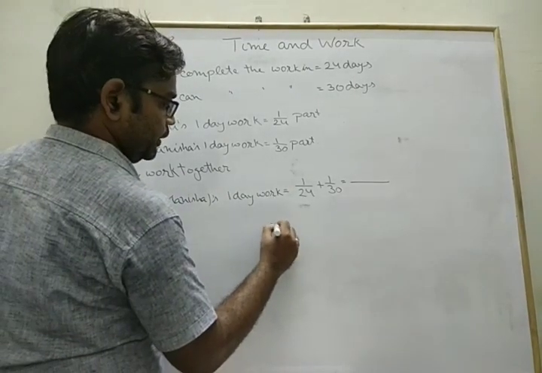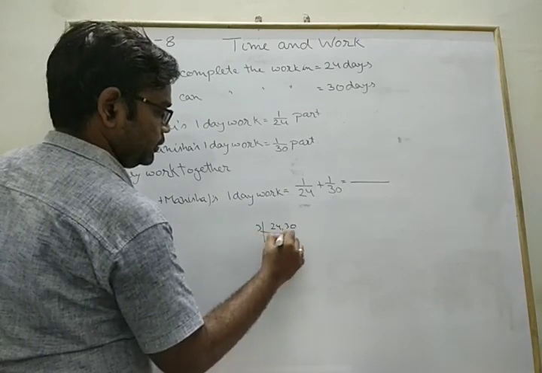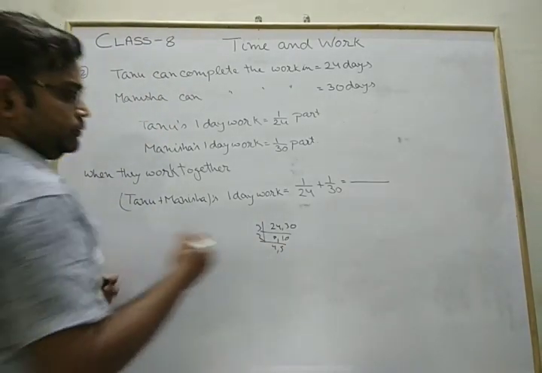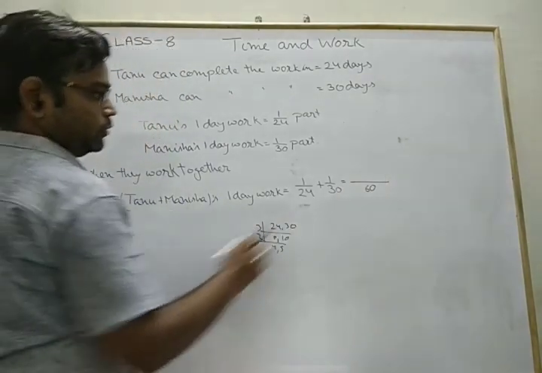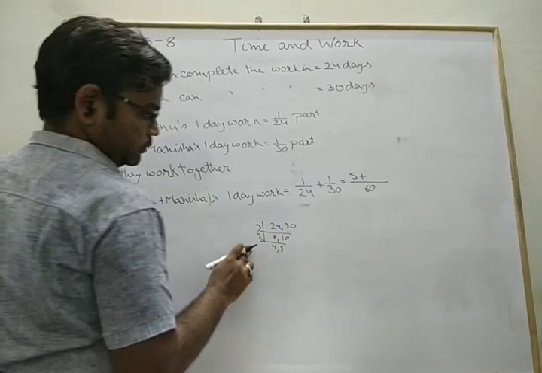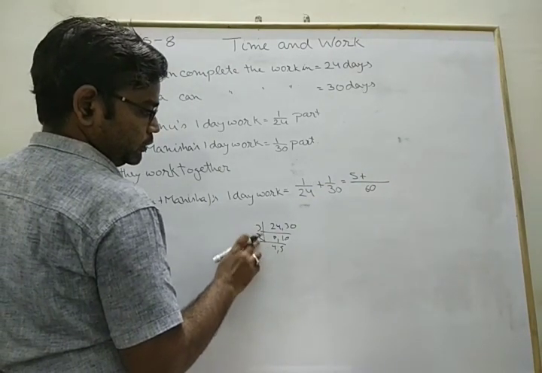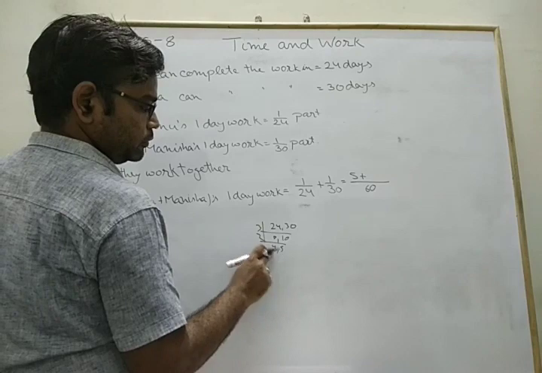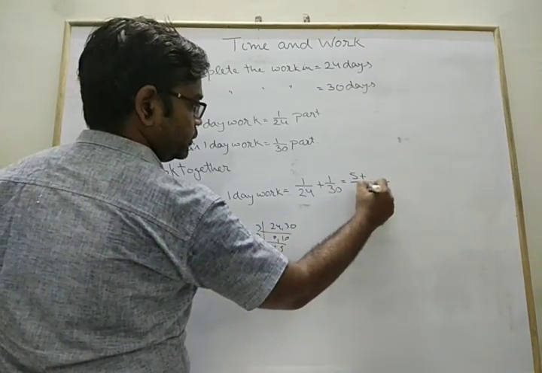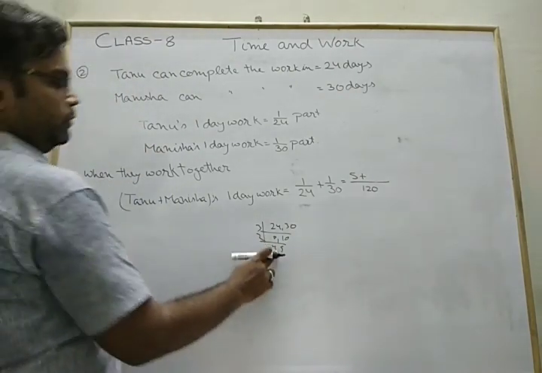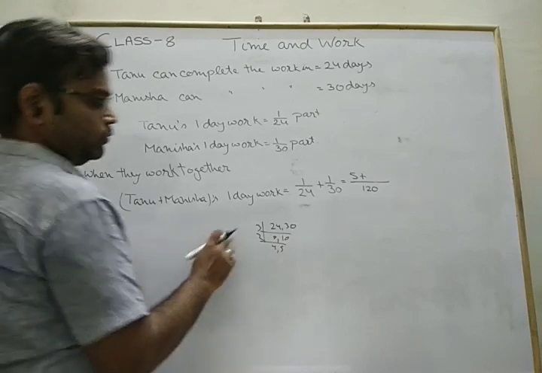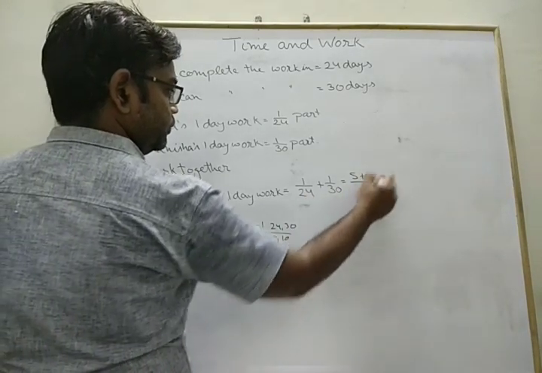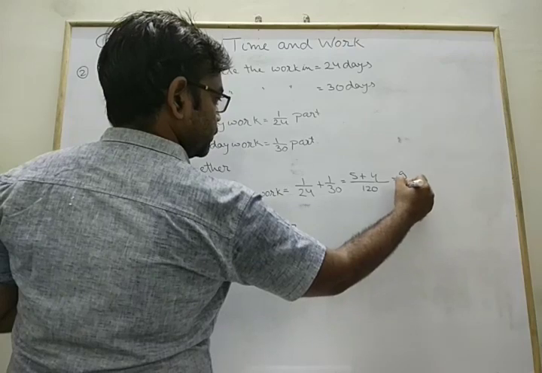We should find out for 24, 30: it's 3, 8, 10, 2, 4, 5. 5 4s are 20, 20 2s are 40, 40 3s are 120. So the LCM is 120. 8 2s are 16, 8 3s are 24. 24 5s are 120. 3 4s are 12, so it's 9 upon 120.